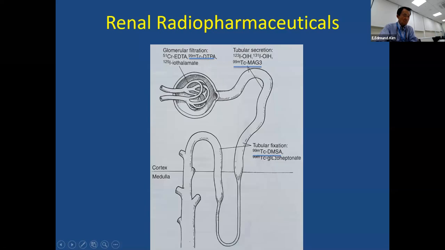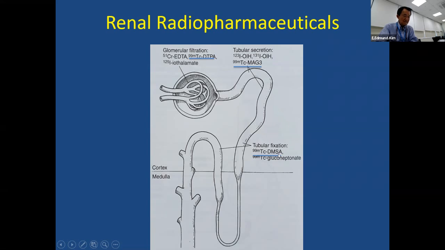So there will be more tubular active secretion, like 10 to 15%. And this tubular active secretory function is relatively slow, while glomerular filtration is relatively fast, it's dumping. So it stays in the tubules longer than DTPA. Therefore, it outlines the kidneys much better than DTPA.